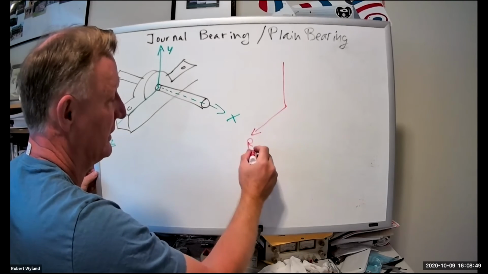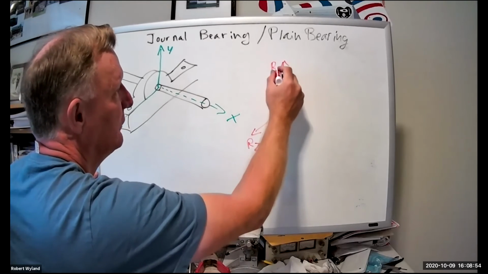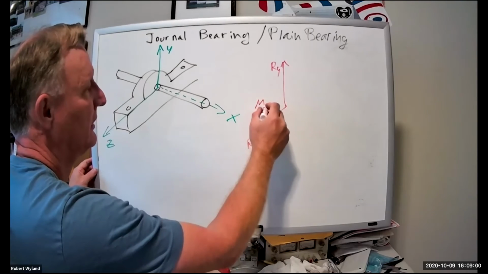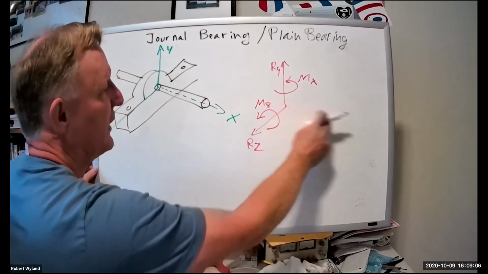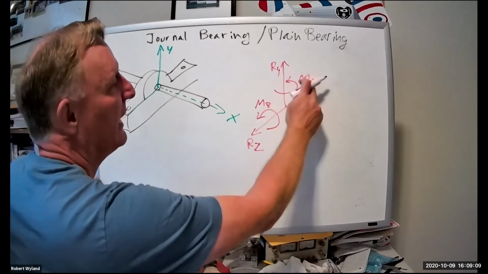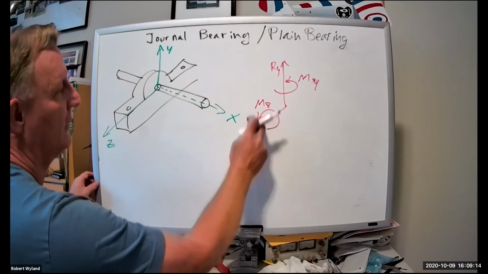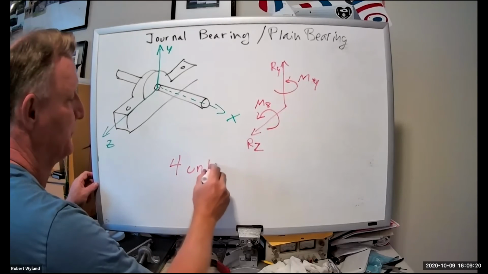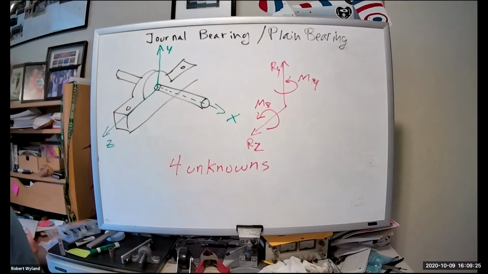I'm going to have a reaction in the Z, a reaction in Y, and then I'm going to have a moment in Z and a moment in X. I have nothing in the X, excuse me, Y. I have nothing in the X. So I have 1, 2, 3, 4 unknowns.